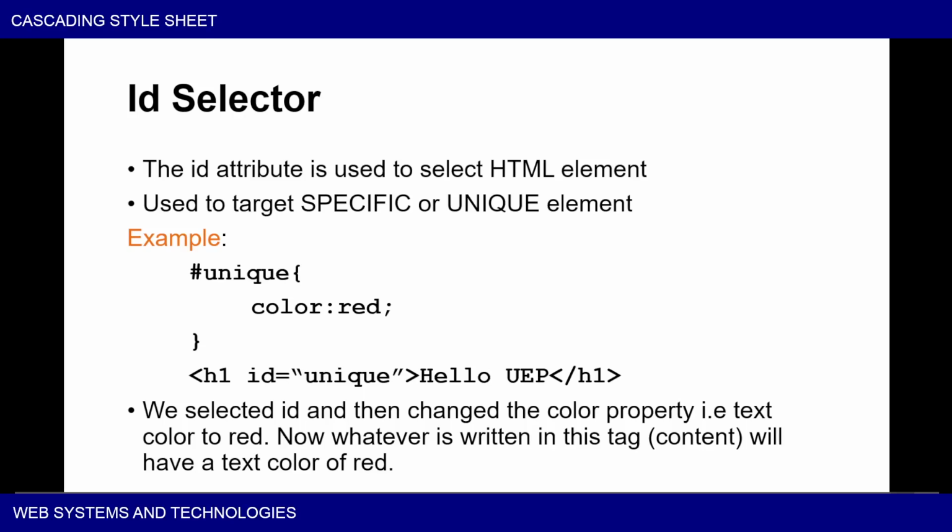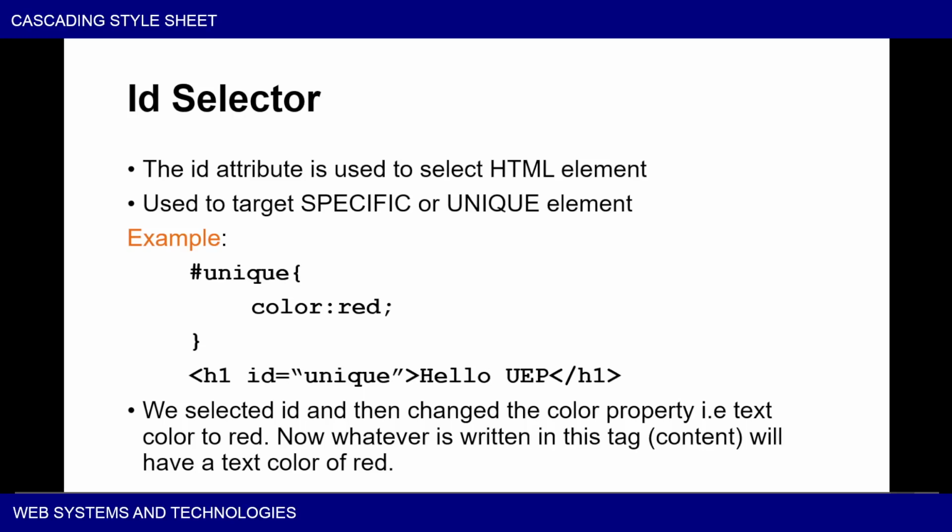Number two type is ID. So ID selectors. So the ID attributes is used to select HTML elements used to target specific or unique elements. So in this example, we have this unique ID. Yung pangalan ng ID natin is unique, and we are also changing the color red.